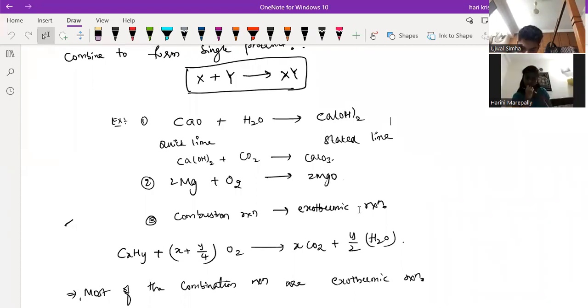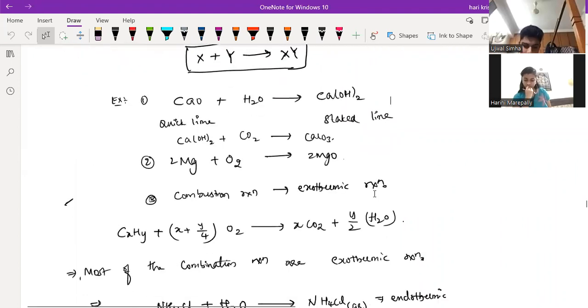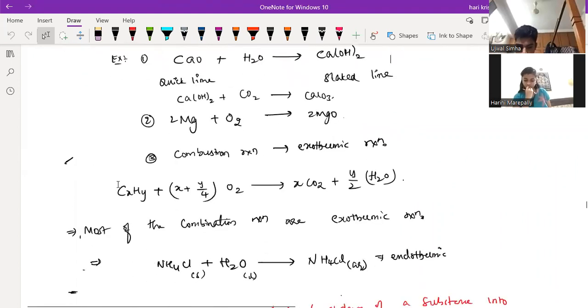Okay, so all the combustion reactions come under the combination reaction, and there is a formula for the combustion reactions. CxHy plus (x plus y by 4) O2 gives rise to xCO2 plus y by 2 H2O.